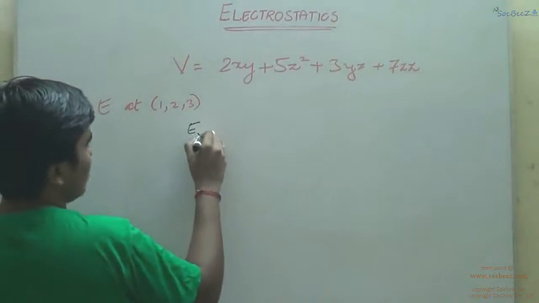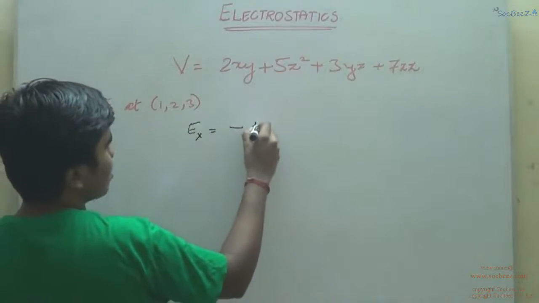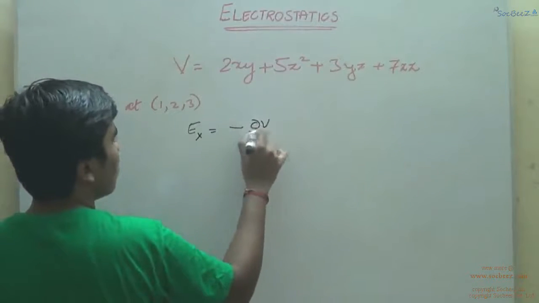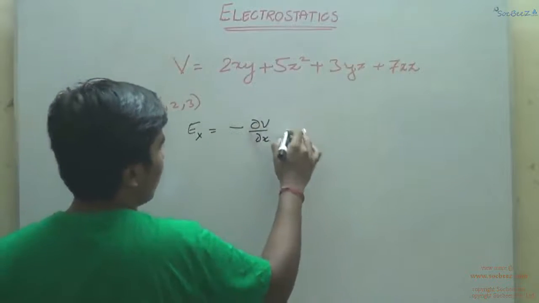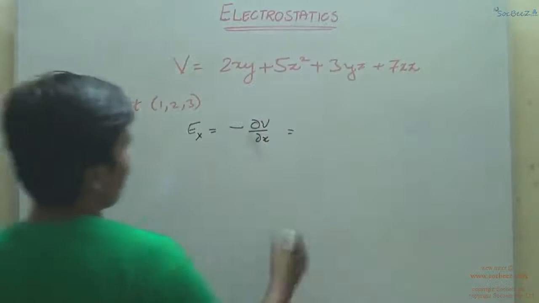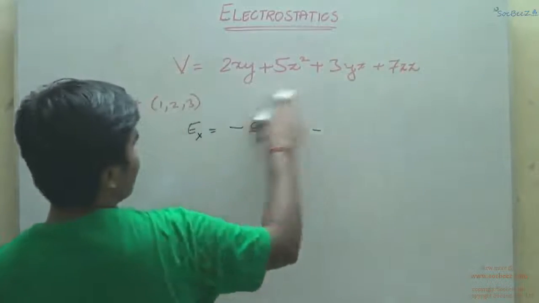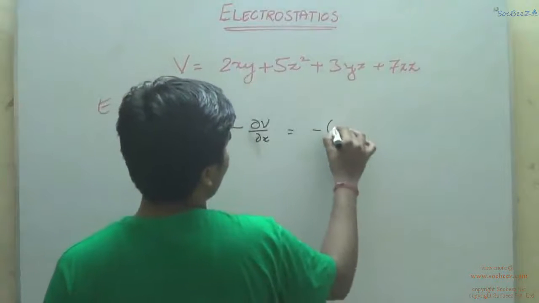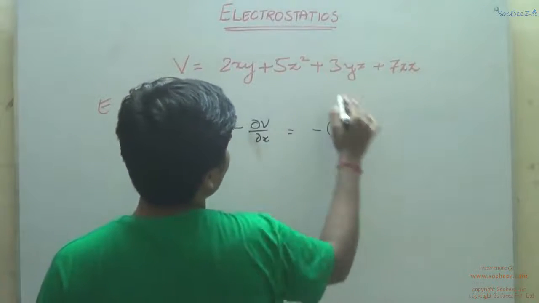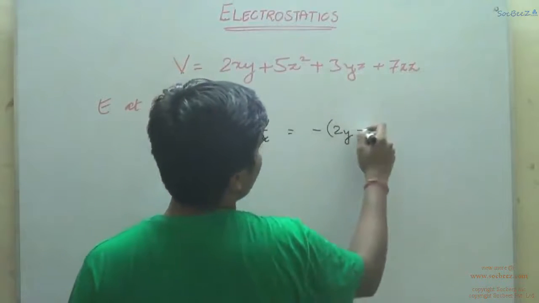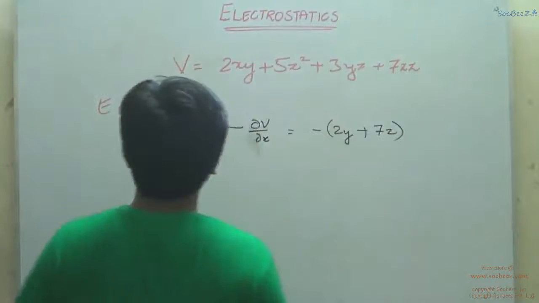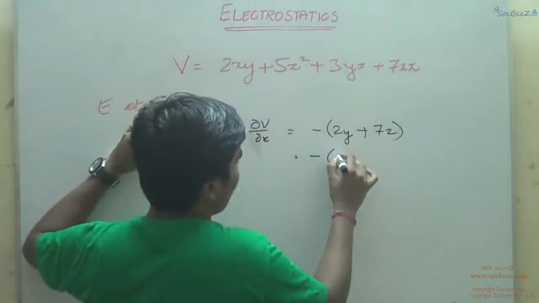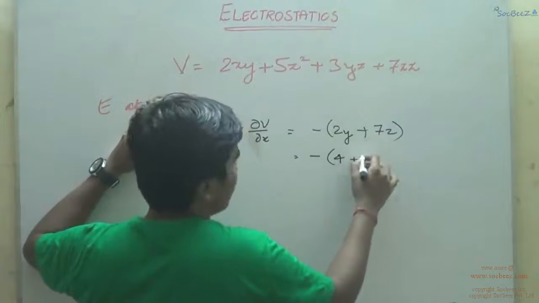Ex is equal to minus dou V by dou X, where dou is the partial differential. If I differentiate this with respect to X, everything else being constant, this will turn out to be 2y plus 0 plus 7z. At 1, 2, 3, this will be equal to 2 twos are 4 plus 7 threes are 21.